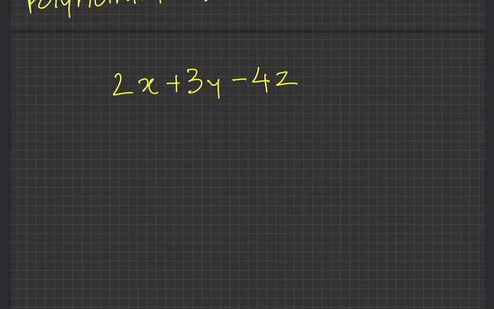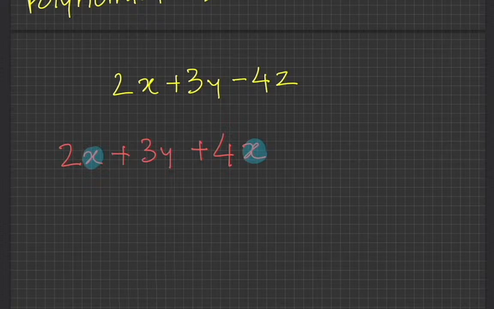What about, let's just change that: 2x plus 3y plus 4x, right? As you can see here, I have x and x over here.